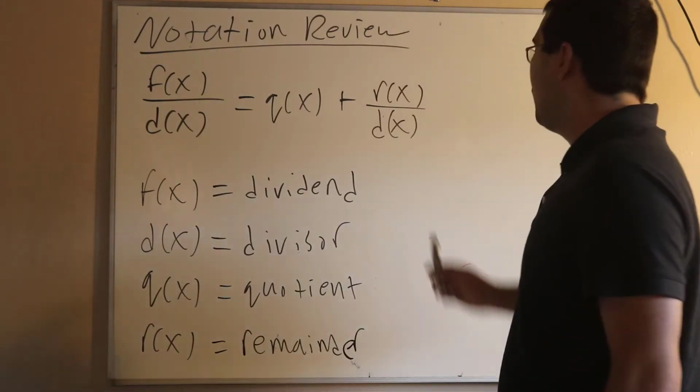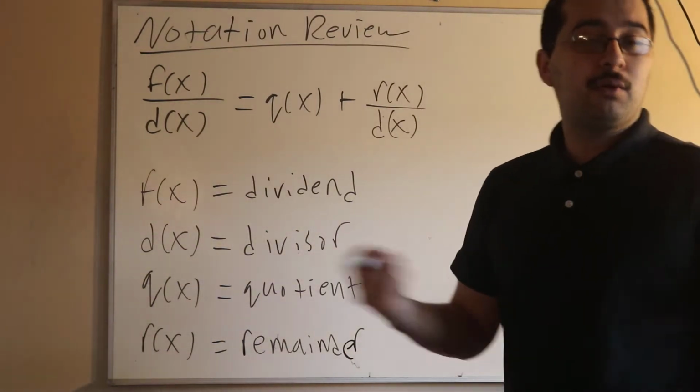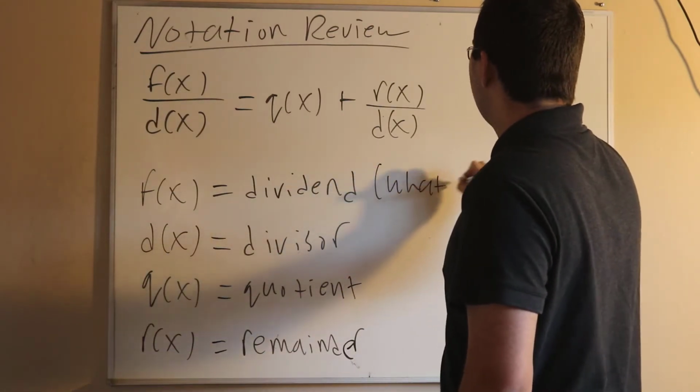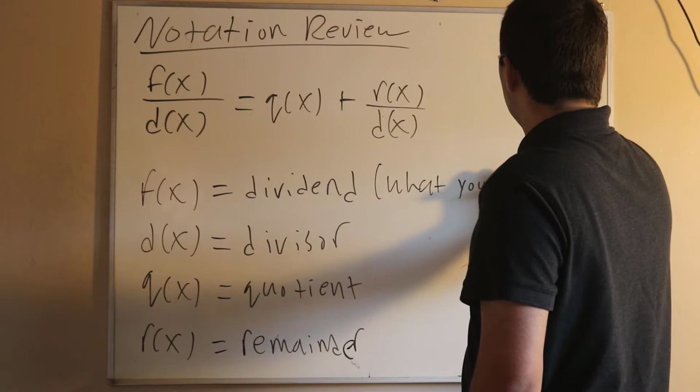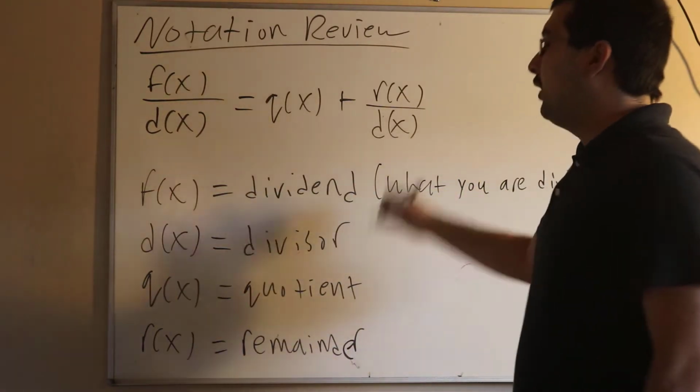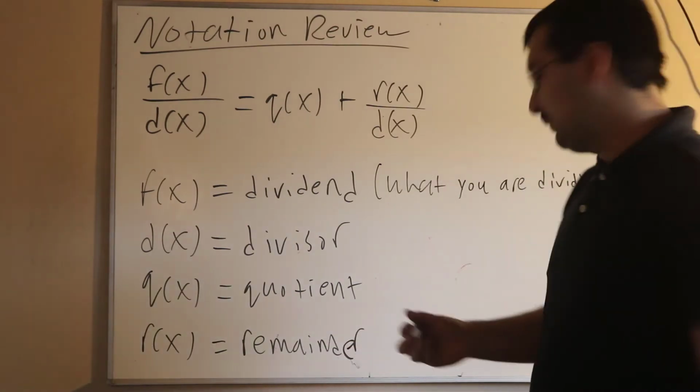Okay. So your dividend is the thing you're dividing. What you are dividing. Your divisor is what you're dividing by.